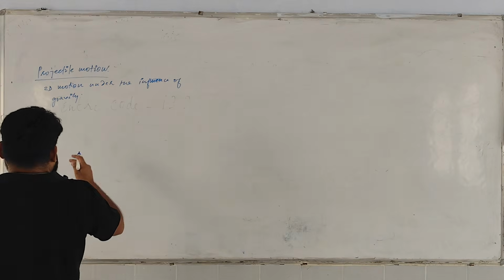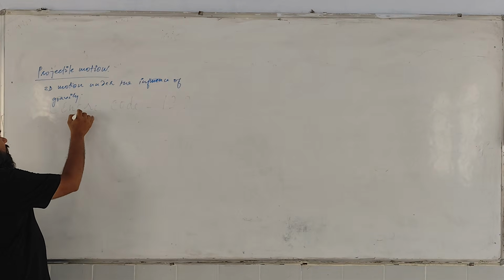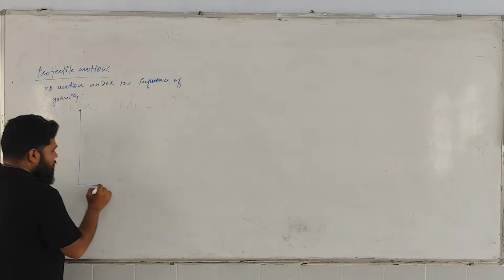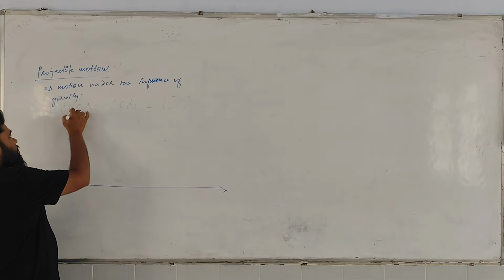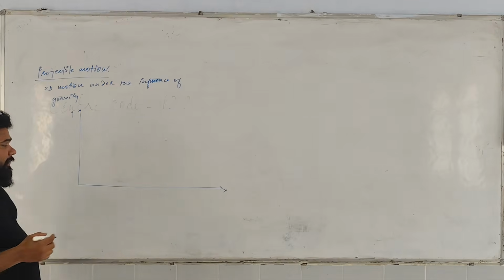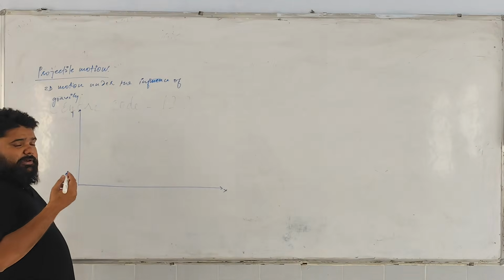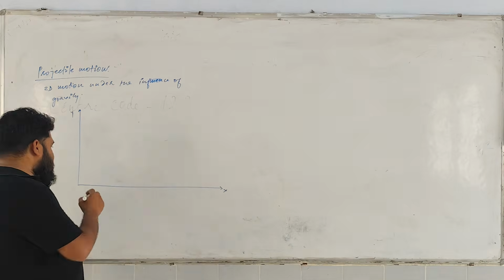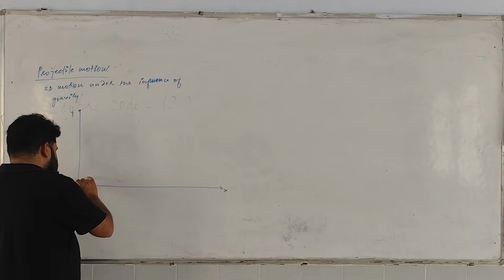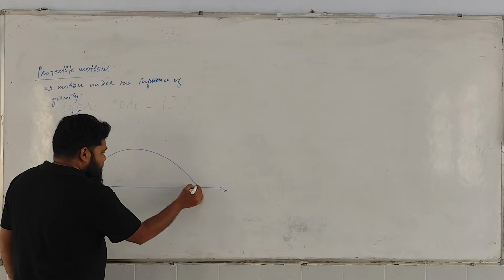So to observe, here is the x-axis, here is the y-axis. Suppose we have a body and the body is thrown into space with some velocity u at some angle theta.